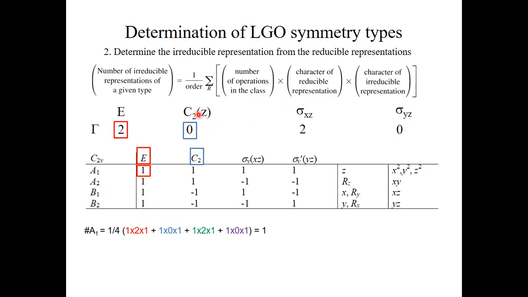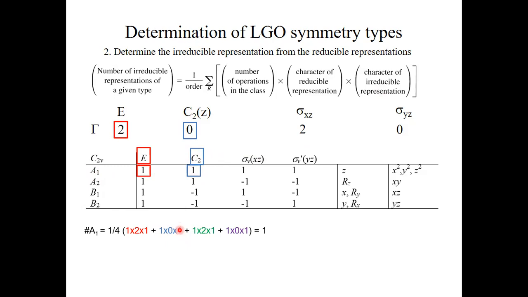We find that the character is 0. And last but not least, we multiply this by the character of the irreducible representation. Well, that's the character here underneath C2 in the irreducible representation of the type A1. So this is this one, and that is the character over here. Okay.